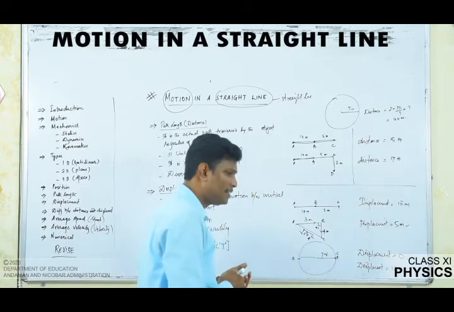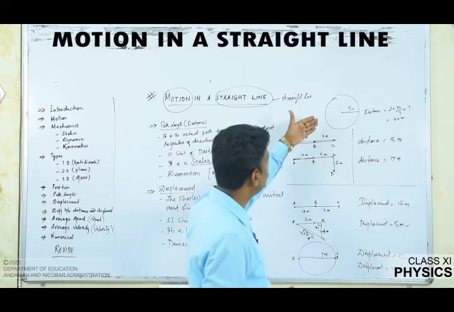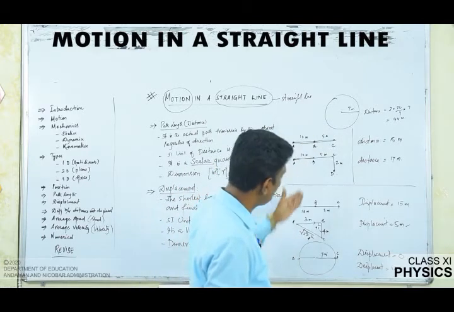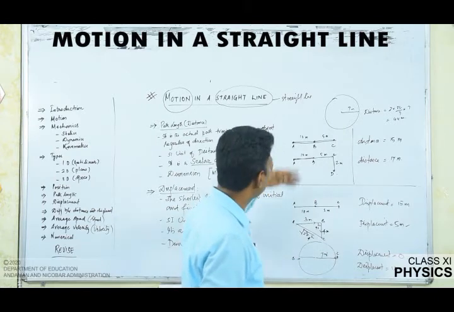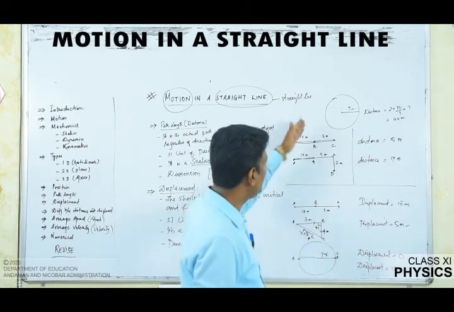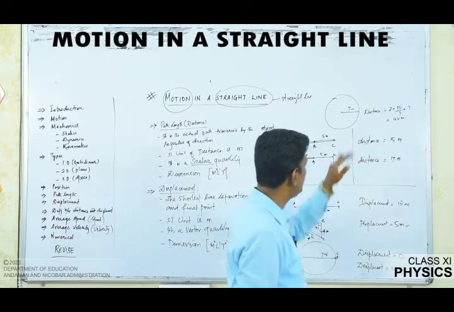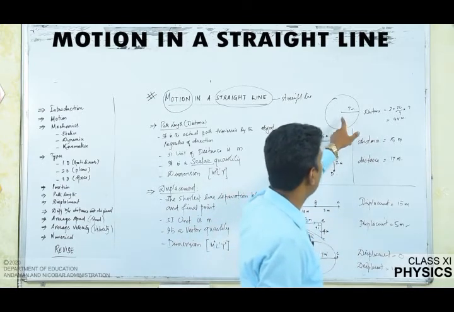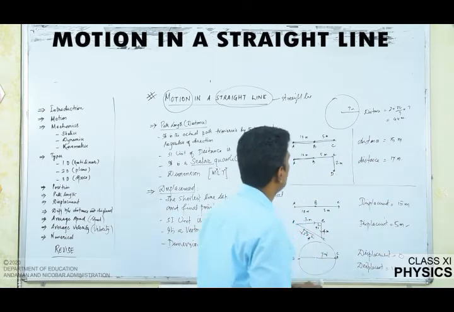Let us take another example, to calculate distance as well as displacement using the same example. Let us consider a circle of radius 7 meter.